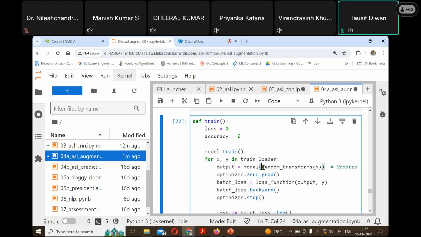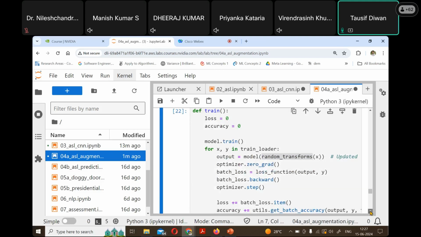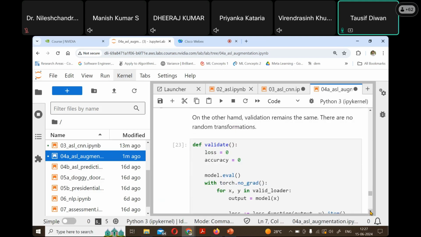First of all, the data goes through the random transform. In this train loader, a batch of 32 images is loaded, but after loading, it is first transformed with the help of augmentation and then passed to the model. This is the only difference. And this is done in training, not in validation.